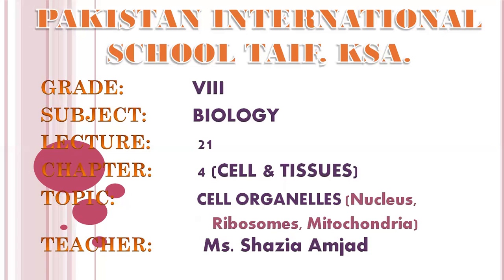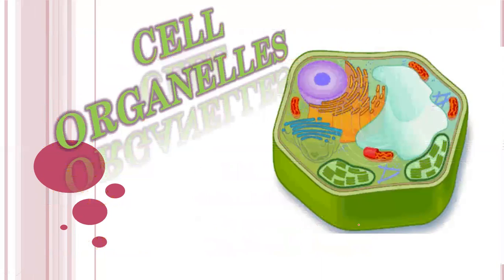Because they are very, very small, they are called cell organelles. There are lots of cell organelles, but today we will focus on three main cell organelles. Those are called nucleus, ribosomes, and mitochondria. So let's get started.